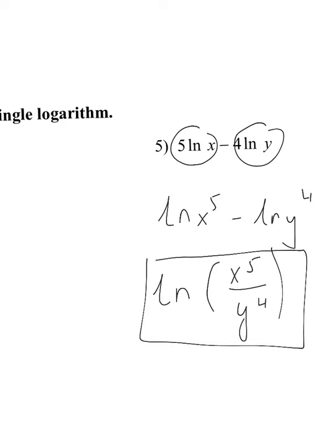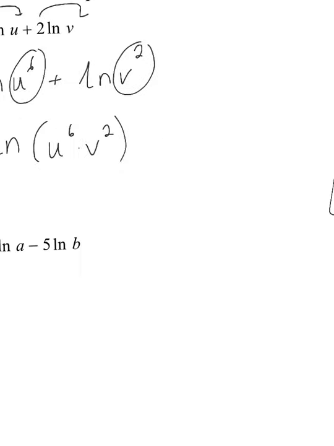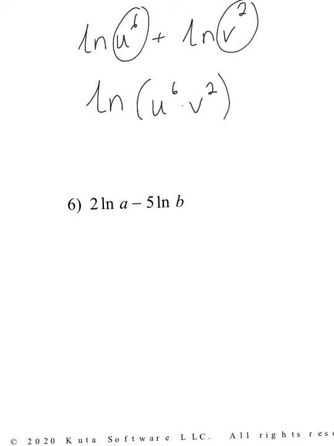Okay. And last question, question 6. ln a squared minus ln b to the 5th.